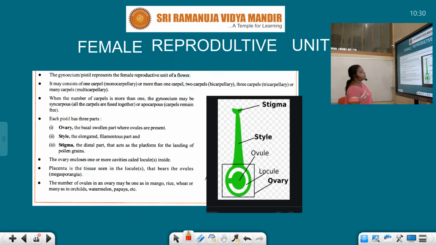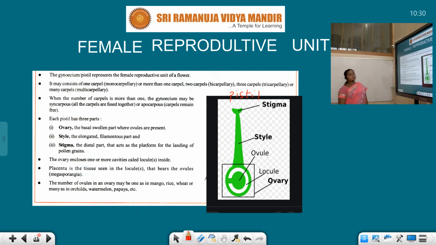So this is the pistil. What is this, students? Pistil. The female reproductive unit of the flower. Pistil means the female reproductive unit of the flower.